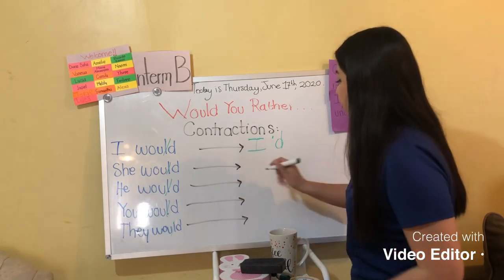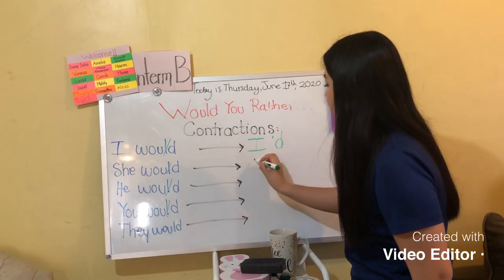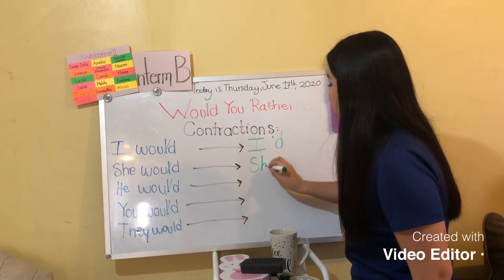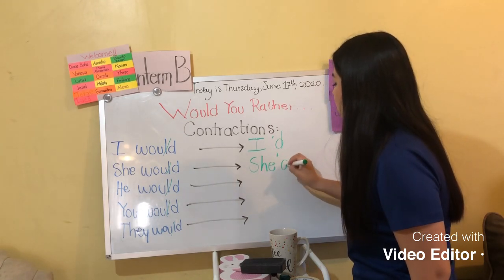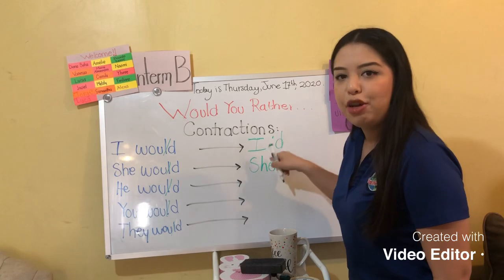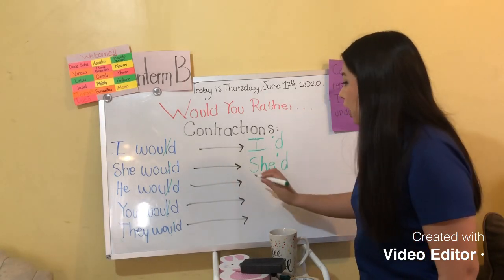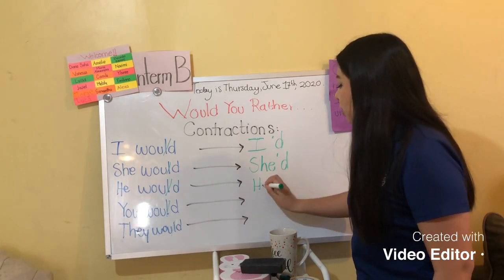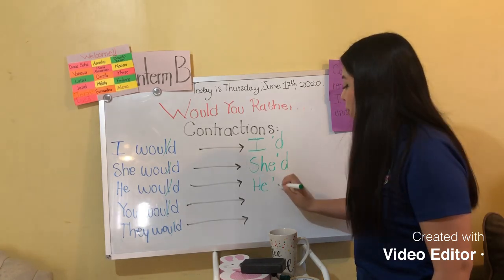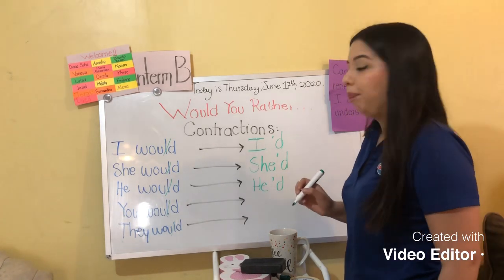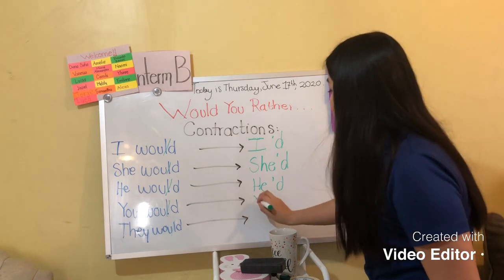She would. She, apostrophe, D. He would. He, apostrophe, D. You would.